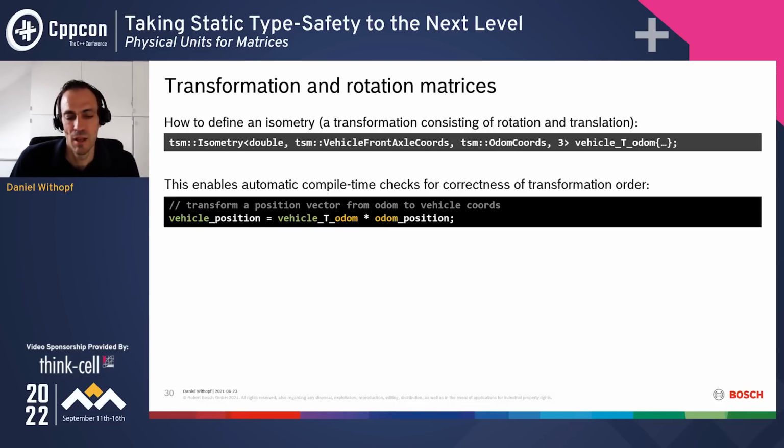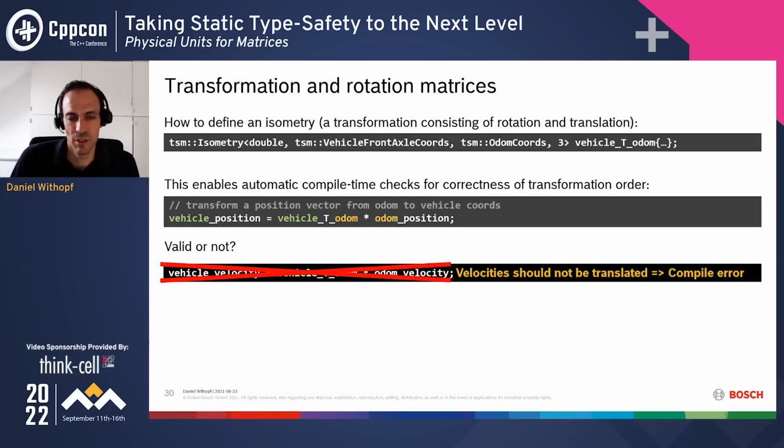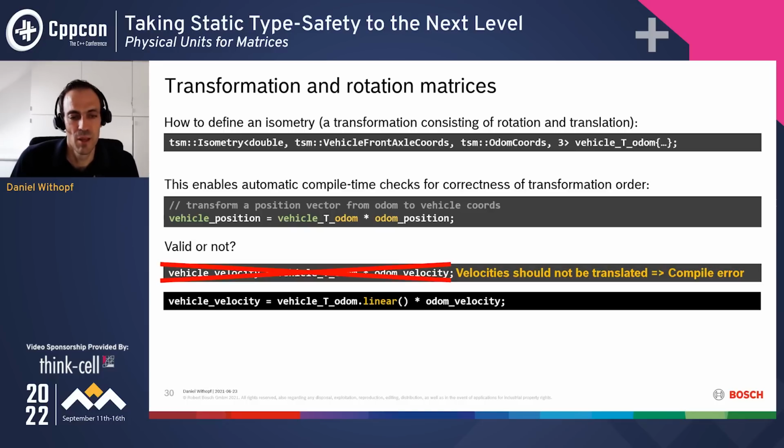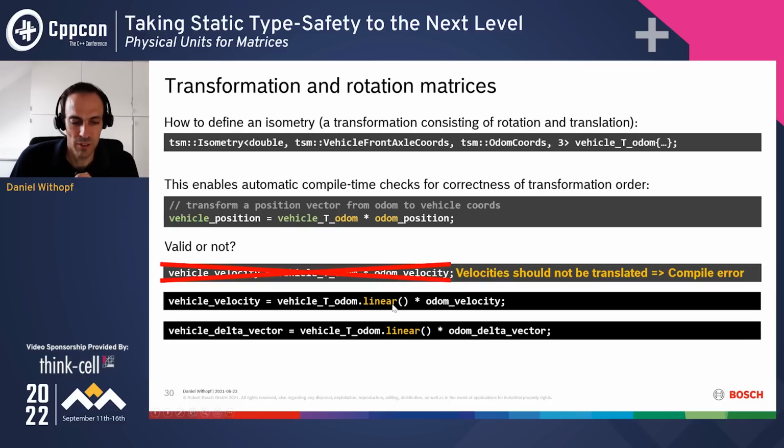This is possible. And again, there are several checks. So you cannot transform velocities because you should only rotate them and not translate them. You have to use the linear part. I'll simply skip over the rest here. You can watch any of my earlier talks that are longer if you want to know the details about that.